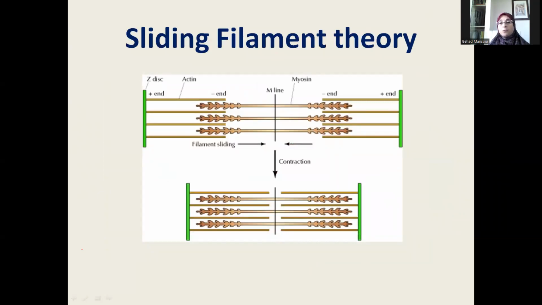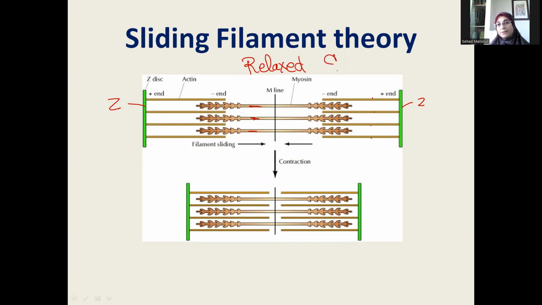Here we can see one sarcomere. The green line here is the Z line. The green line there is another Z line, or Z disc. The thick brown lines here are the myosin filaments, and the thin ones are the actin filaments. And this is a relaxed sarcomere.